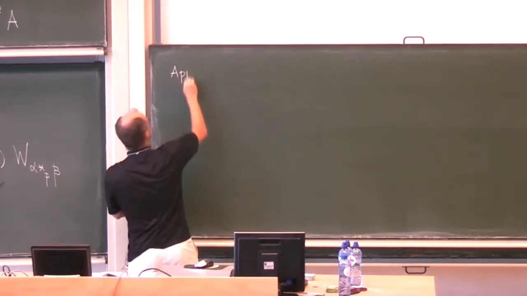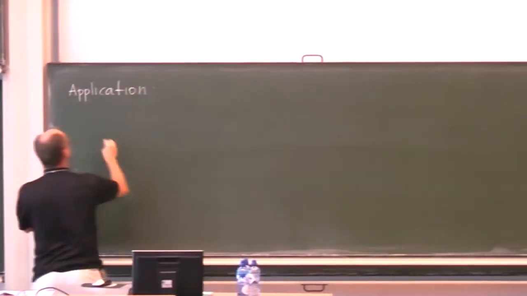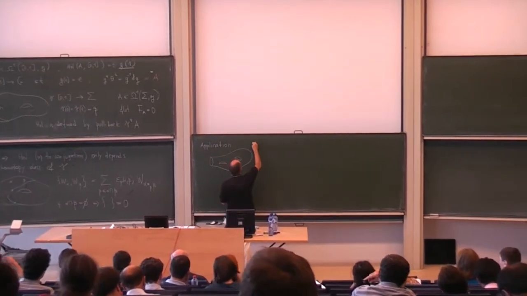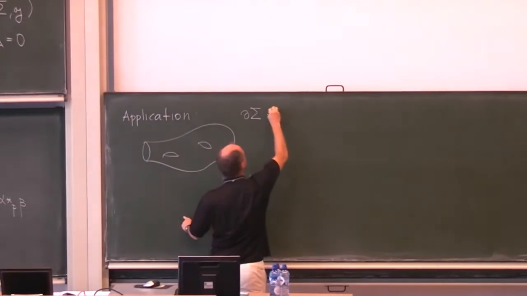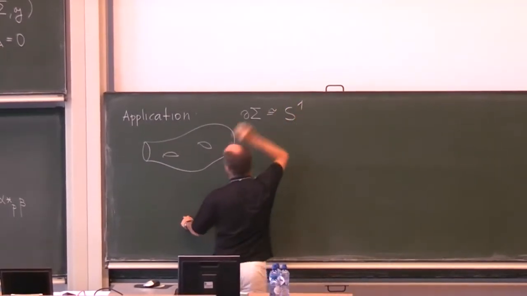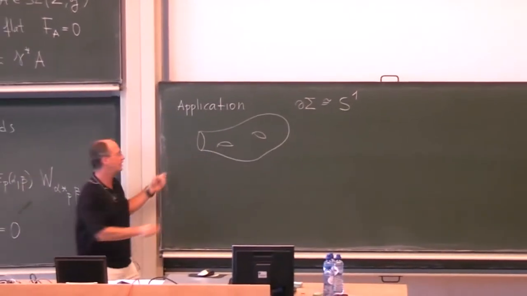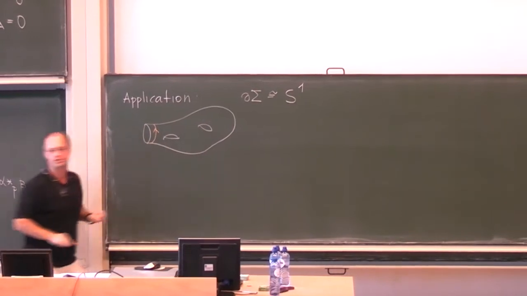An application. Suppose we have a surface with a boundary. So this sigma has a boundary which is a circle. Then one curve that we can invent is a curve which just circles around the boundary.